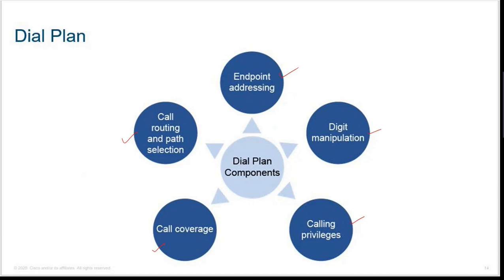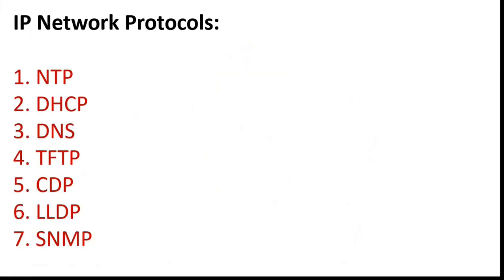But for the customer facing side, it is just one number. Then call routing and path selection, of course, to make that call work and to reach the correct destination, you need to make sure your call routing and path selection is correctly defined and configured.